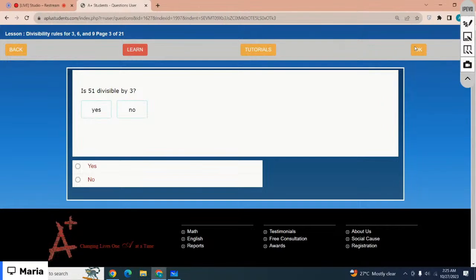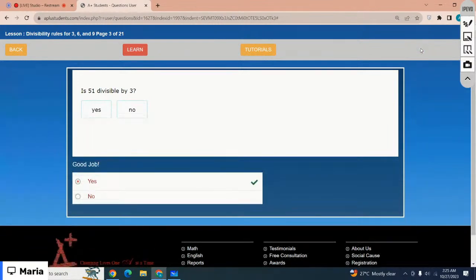You have to apply the divisibility rule for 3, right? The divisibility rule for 3 is you have to add the digits. 5 plus 1 is 6, and 6 is divisible by 3. So the number is divisible by 3. The correct option is yes, it is.